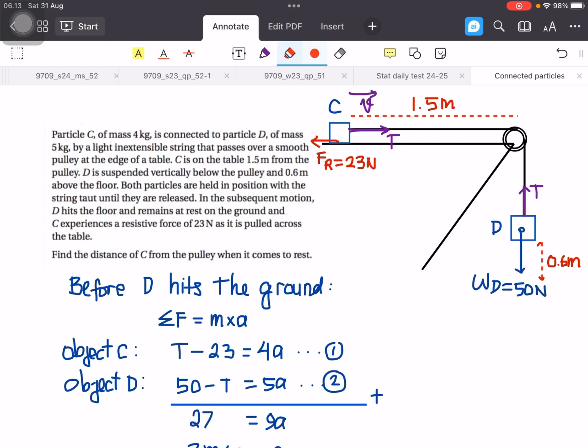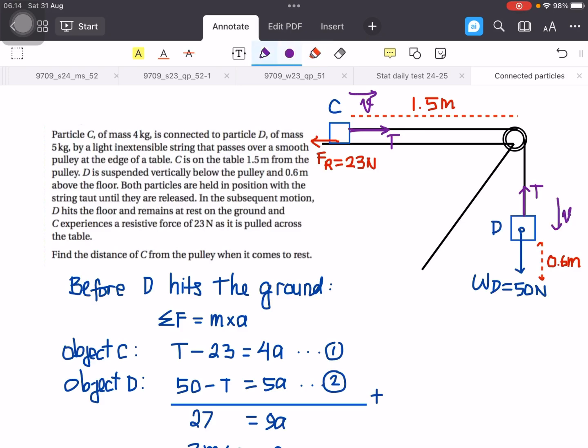So the equation for object C using Newton's second law is tension minus 23 is equal to 4A. The mass of particle C is 4 kilograms. And then for particle D, D will move downward.